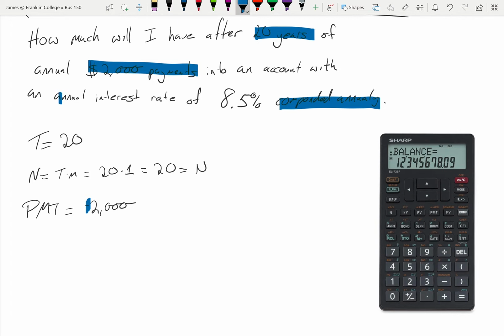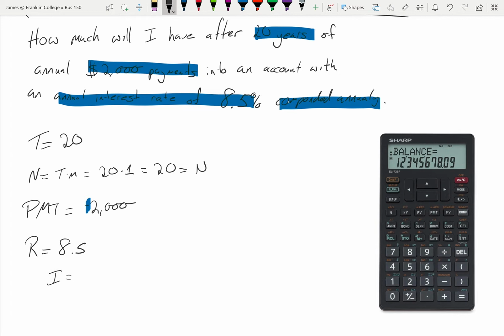Alright, our annual interest rate is 8.5%, so R equals 8.5. But remember, our per compounding interest rate is R divided by M. So in this case, we'll have our annual interest rate divided by our M that's still 1. So quite nice and conveniently, 8.5 is also equal to our per compounding interest rate.